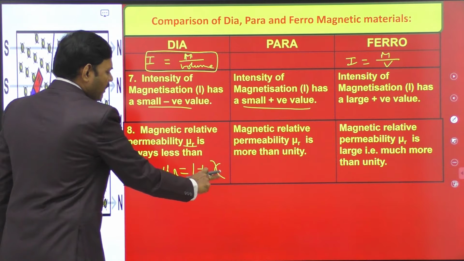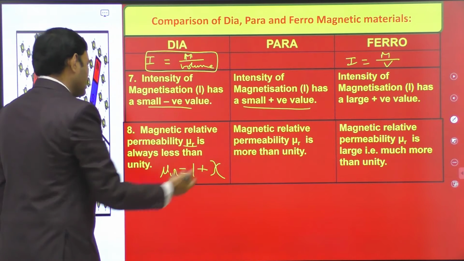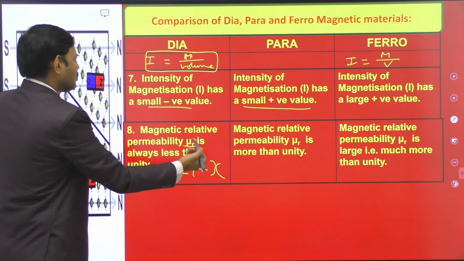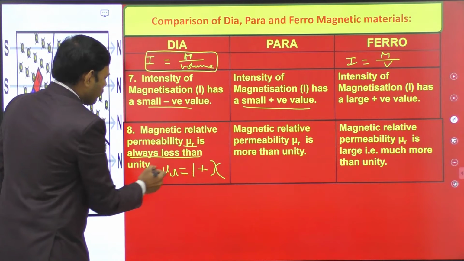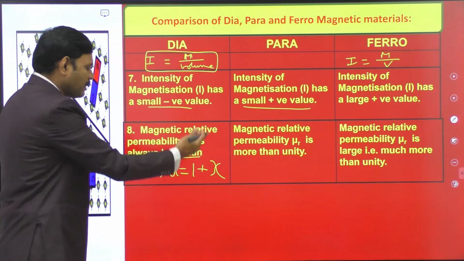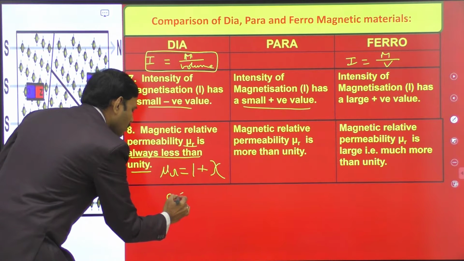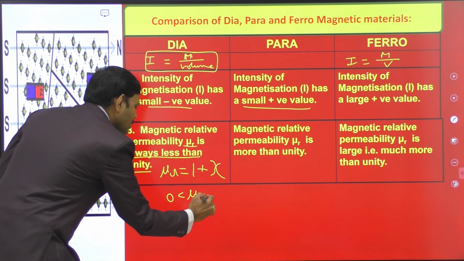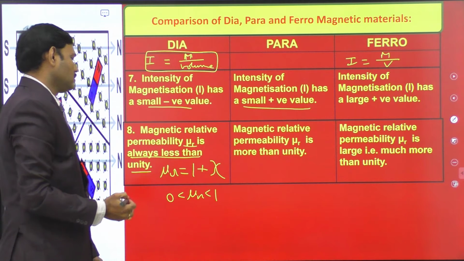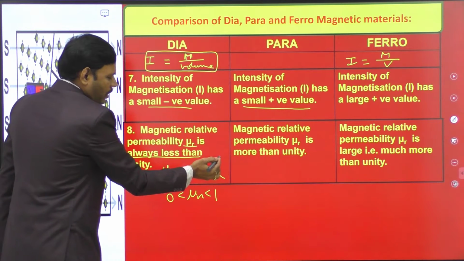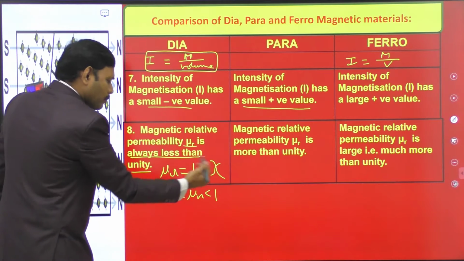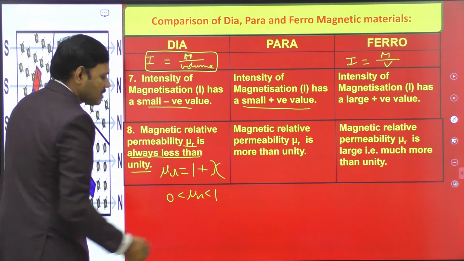When a negative decimal value is added to 1, it becomes a positive decimal, so the relative permeability is always less than 1. It lies between 0 and 1: 0 less than mu r less than 1. Xi is a negative decimal added to 1, so we get a positive decimal. That's why it is always less than 1.